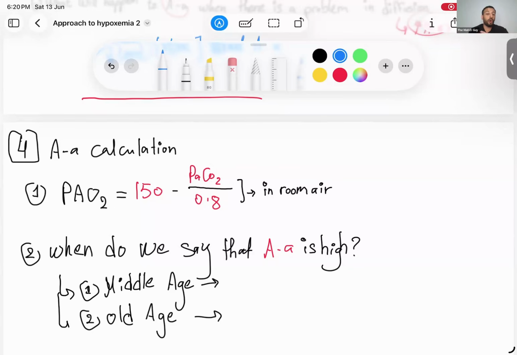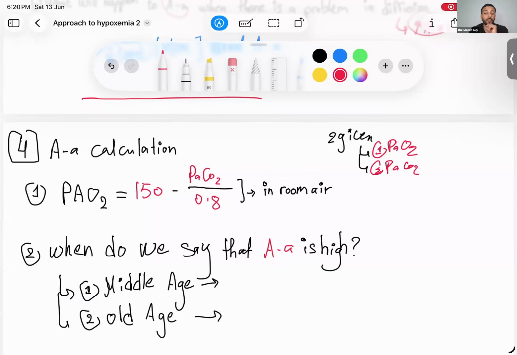I want you to know that in all questions, it's going to give you two things. What are the two given things? One, the partial pressure of oxygen in the artery, and two, the partial pressure of CO2 in the artery.